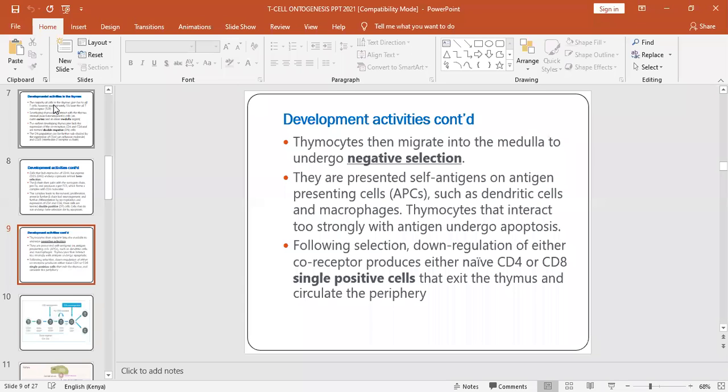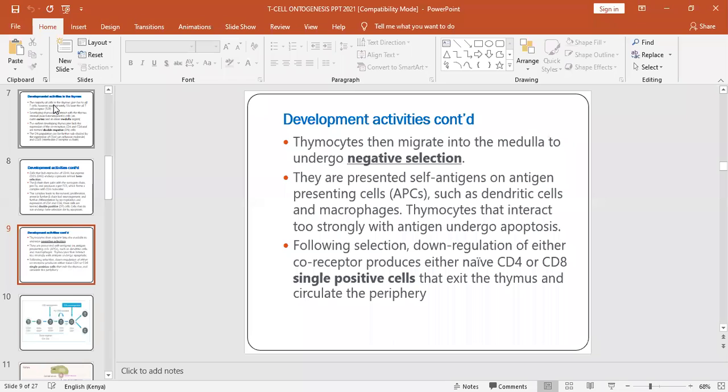This is just an overview I'm giving, but there is a diagram that I will dwell on so that this becomes very clear. So as we have said, the T cells from the bone marrow are prothymocytes, meaning they are not yet mature. They go into the thymus region via blood, and they first interact with the cortex region. Now, what is in the cortex? The cortex provides the environment for further development, so that the T cells develop from the double negative, as they came from the bone marrow, into the double positive.